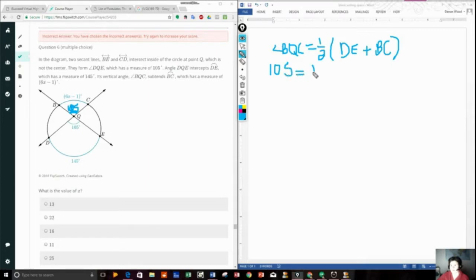That equals 1/2 of the measure of arc DE is 145 plus the measure of arc BC is 6x minus 1, and then it's asking us to solve for the value of x.